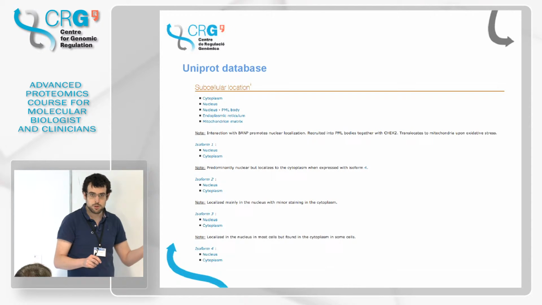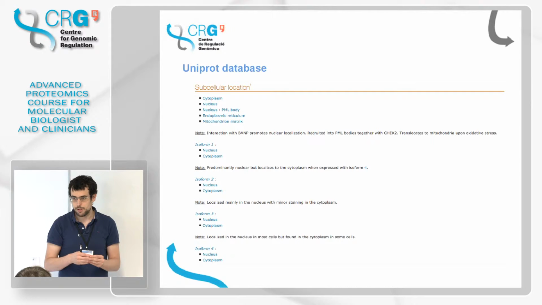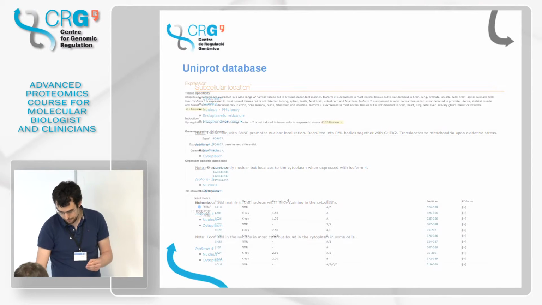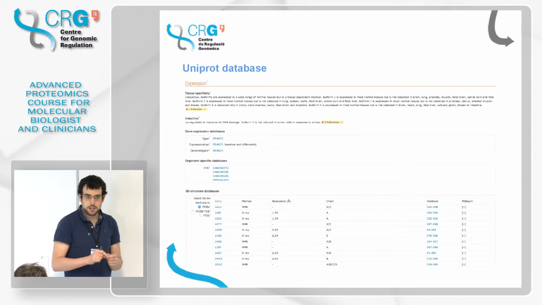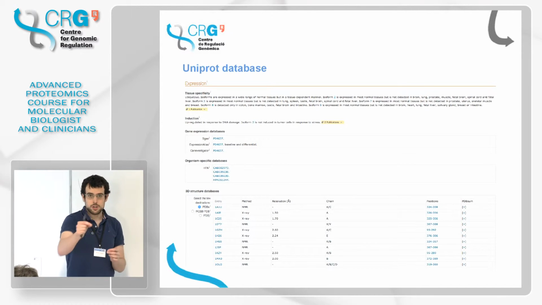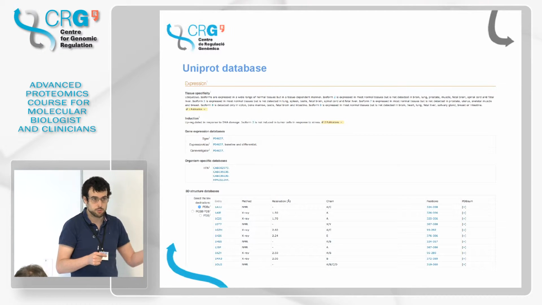This happens for P53, but also for many other proteins, especially in human and mouse, that are very well annotated, and also for many other species. There are also expression levels in different tissues. There are links from this entry to expression databases, so external resources that one can use once you have your candidates of interest, or your protein of interest.